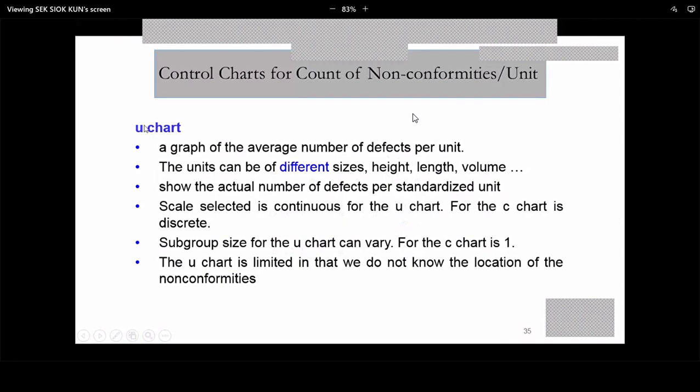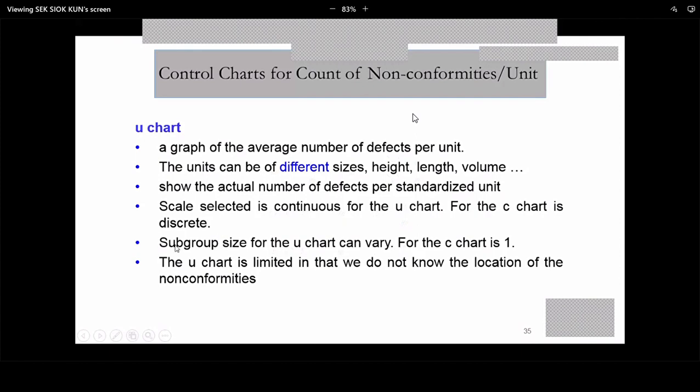So the C chart only applies for a constant sample size, while for the U chart, you can consider fixed or variable sample size. And it shows the actual number of defects per standardized unit. The scale selected is continuous for the U chart, for the C chart it is discrete.